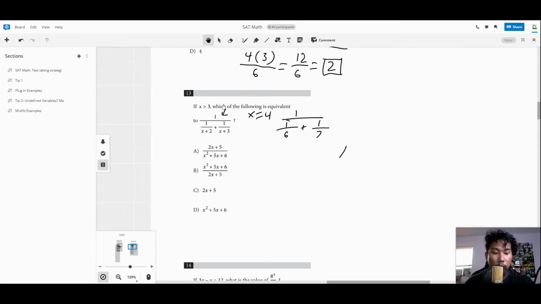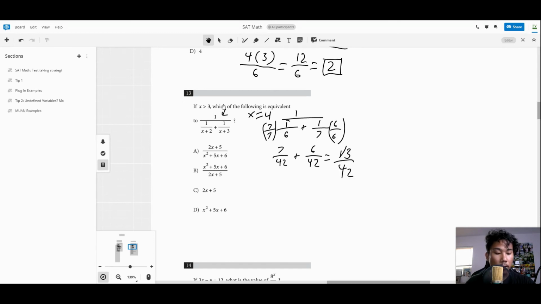So I'm going to convert 1/6 into 7 over 42 plus 6 over 42, right? If you don't know what I did, I multiplied 7 over 7 to 1/6, and I multiplied 6 over 6 to 1/7, right? Which gives me the end result of 13 over 42.